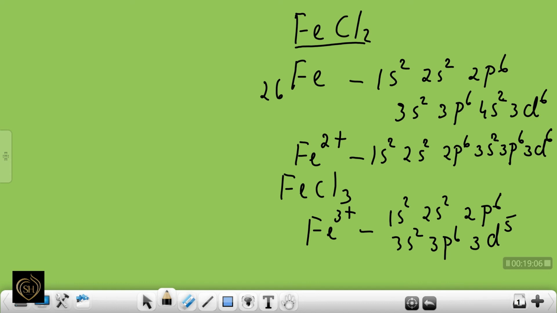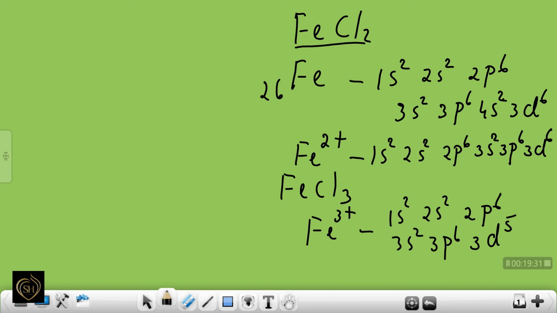That is why it is said that the transition elements show horizontal similarity. So 4 properties. First, transition D block elements all are metals. Second, they show variable oxidation state. Third, they form colored compounds. Fourth, they show horizontal similarity.